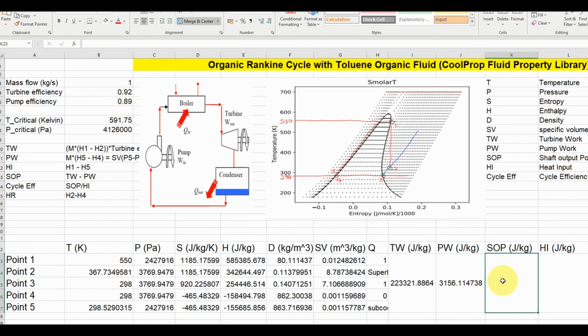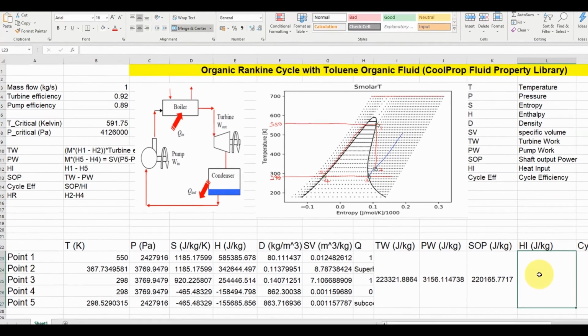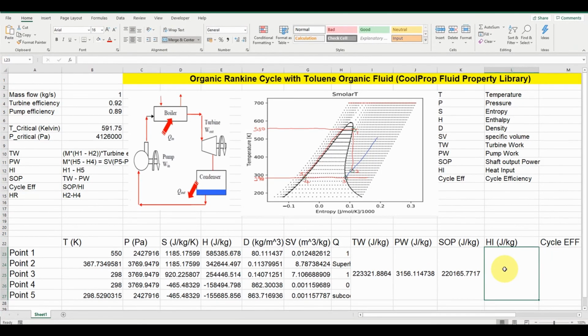So we can now get the shaft output power, which is the turbine work minus the pump work. And quickly we do the heat input, which is, again, we need to include the mass flow component. So if we include that here, so we're meant to be having something like M times.